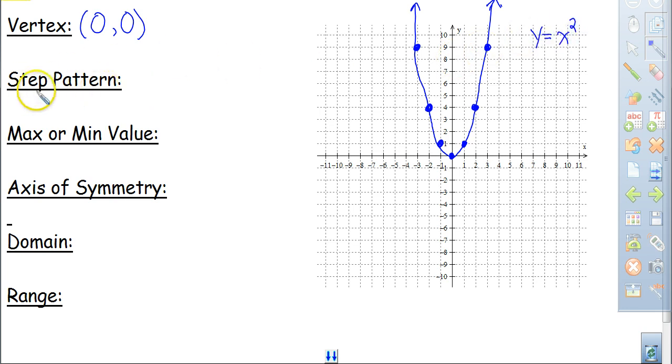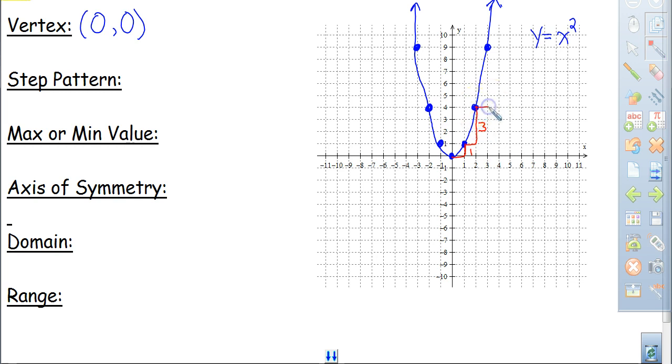Now something you may not have seen before, step pattern. This is how I like to place the points. Instead of having that table of values and plugging in the different x values each time, this is the pattern that the points will follow for y equals x squared. If you go one step to the side, you'll notice that the next point is one step up. If you go one step to the side again, you go up 1, 2, 3 steps up.